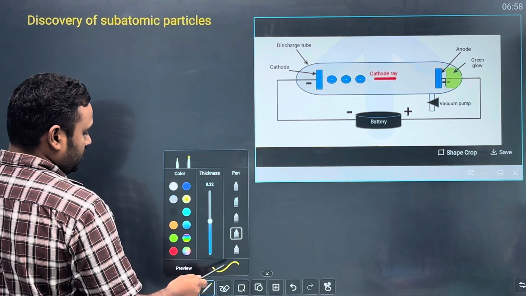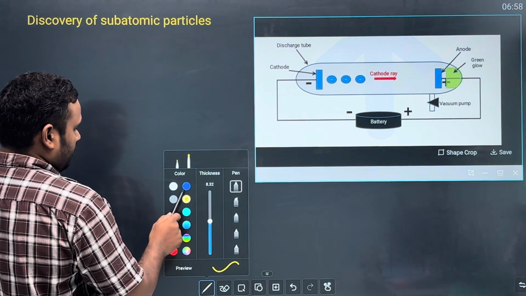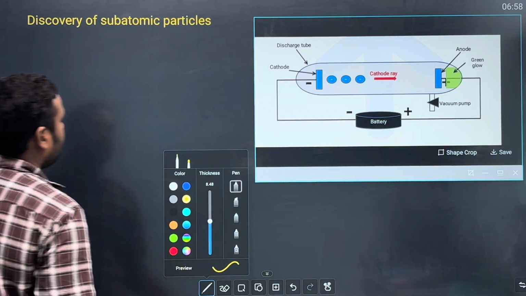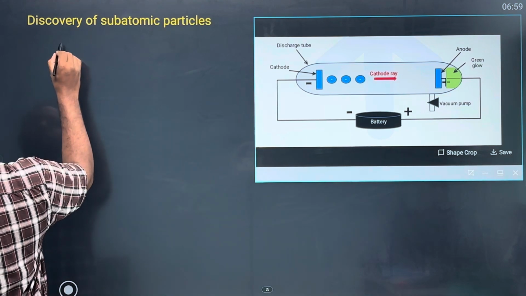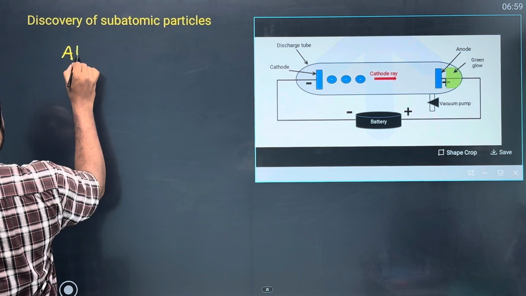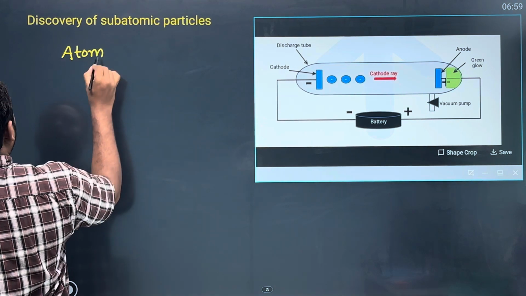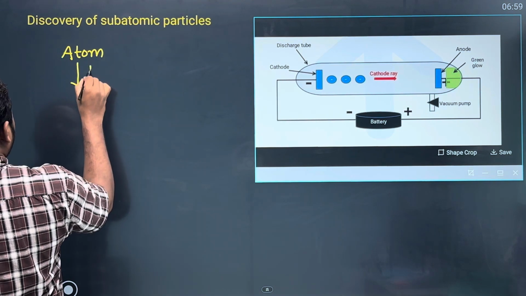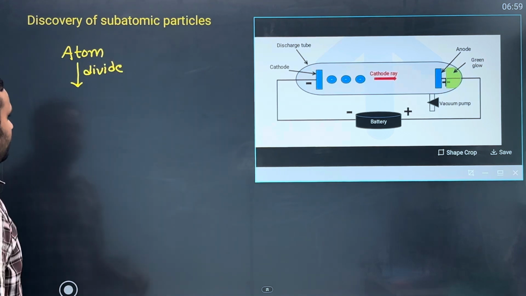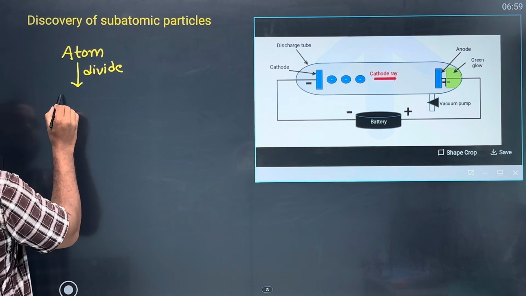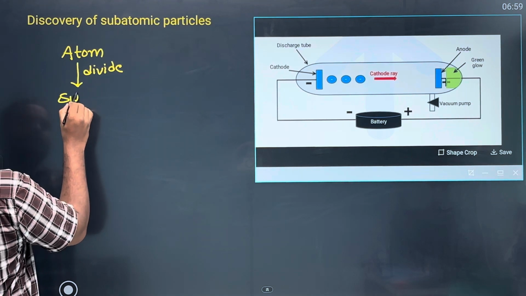Okay, see, according to modern theory, atoms can be divided. So when you divide the atom, you will get the subatomic particles.